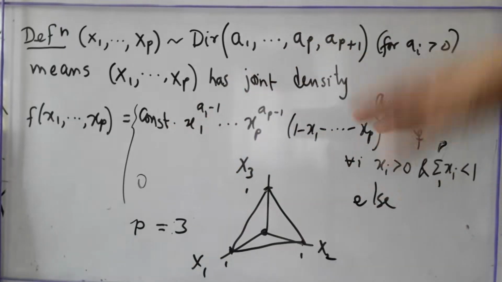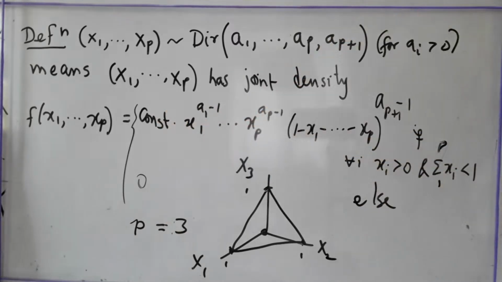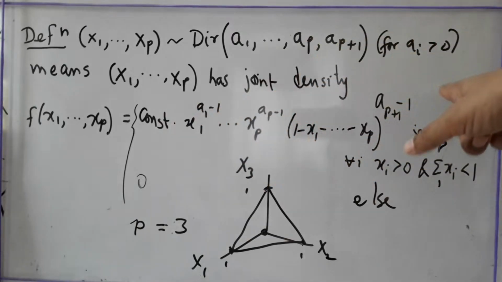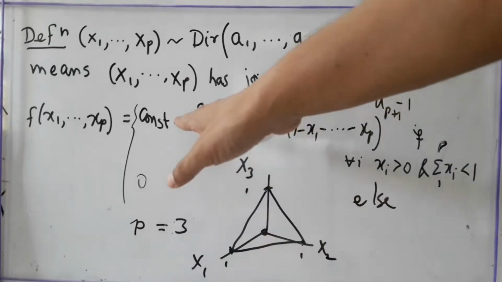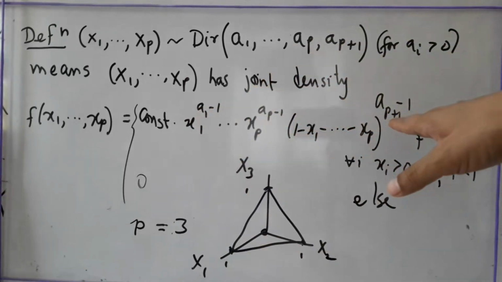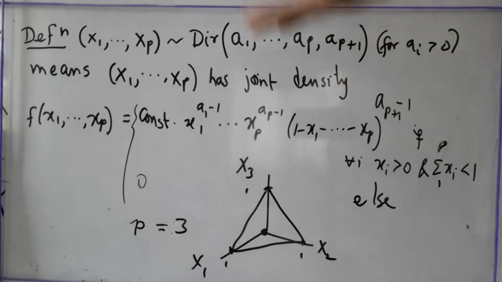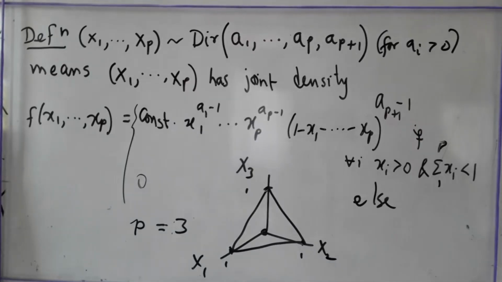This function is continuous, so there should not be any problem as long as this function itself is bounded. Now, if all your ai's are greater than or equal to 1, in that case all these things are bounded quantities. So the integral exists and it is some finite quantity, so you can find such a constant.